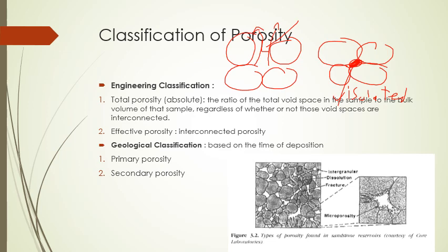If the pore space is formed syndepositionally, during the time of deposition of these reservoirs, the porosity is called primary porosity, like intergranular porosity, intragranular porosity, and so on. Secondary porosity, as the name suggests, formed after deposition. We can call it post-depositional porosity, like fractures and vugs.